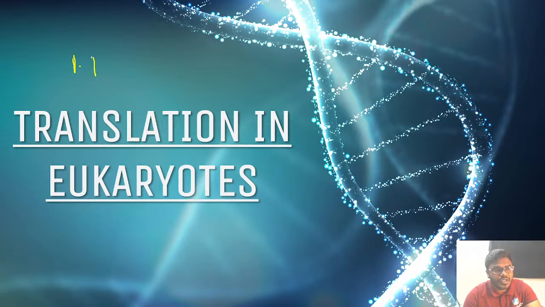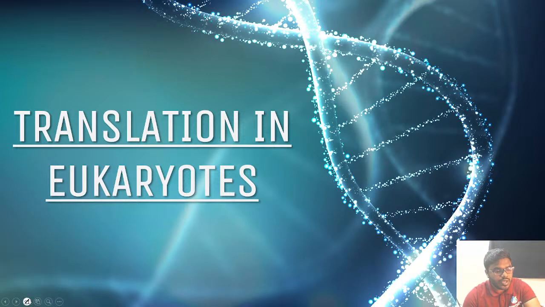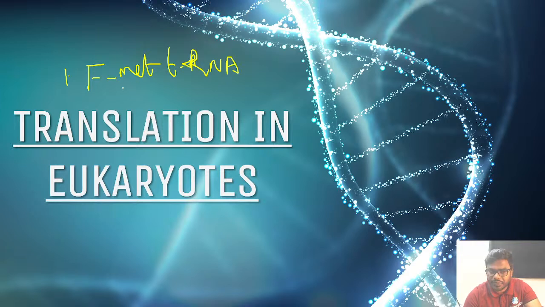So that's why, friends, we generally call it F methionine or F met tRNA, right? But friends, in a eukaryotic organism, once again listen to me carefully, we call it the F met tRNA in prokaryotes. But in a eukaryotic organism, we never ever call it the F met tRNA.